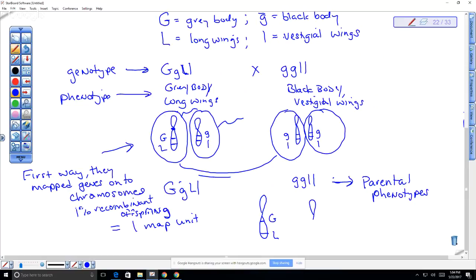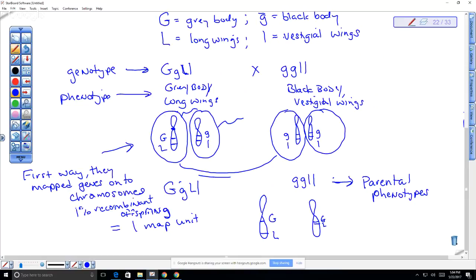If my G and the L are right on top of each other, remember crossing over is a random event. So if crossing over has to occur right there for the genes to be separated, then I'm going to get less recombinant offspring. So if you go back to my example, it was 80 plus 80.